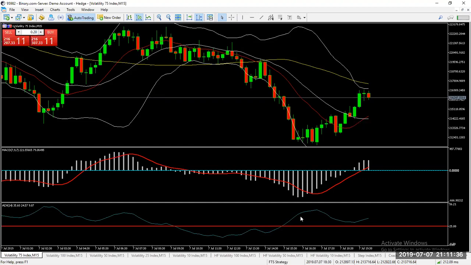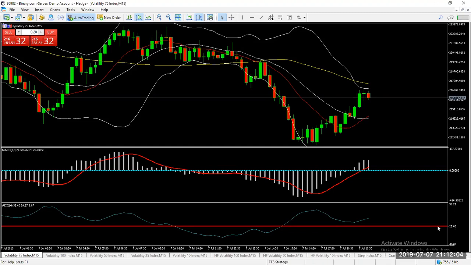Now, the work of the ADX. This ADX tells us when the condition is right to trade. If you see an opportunity on the Bollinger band and you see an opportunity on the MACD, the final confirmation you need before you take that trade is to check this ADX to see if this line is above the 25 position.